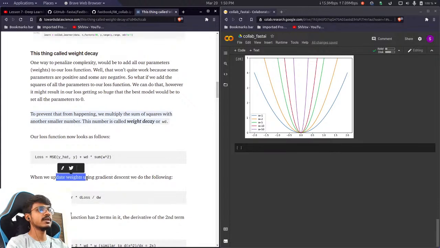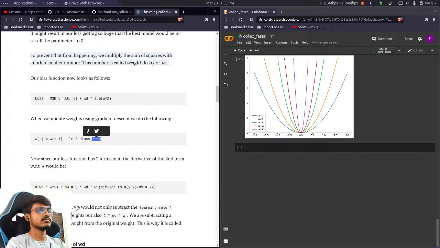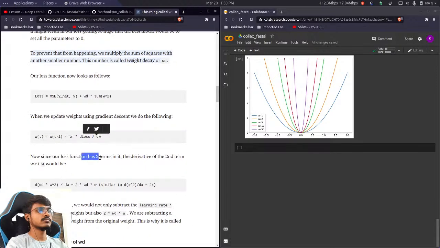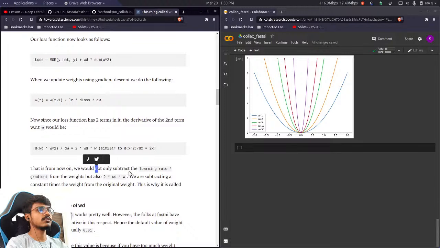So when we update weights using gradient descent, we do the following. The second term with respect to dw would be weight times, this will be squared, so 2x. That is, from now we would not only subtract the learning rate times gradient from the weights but also this.